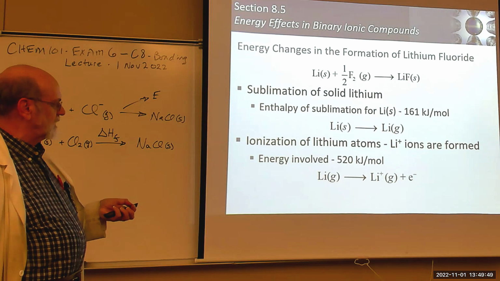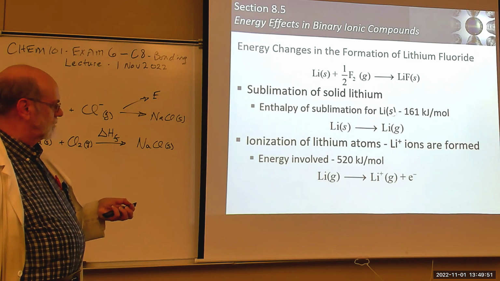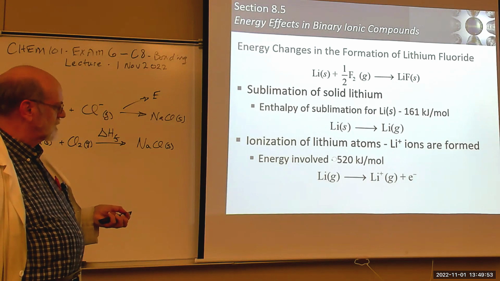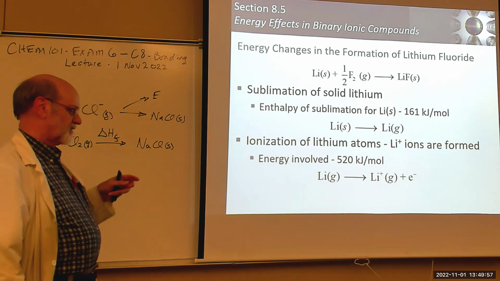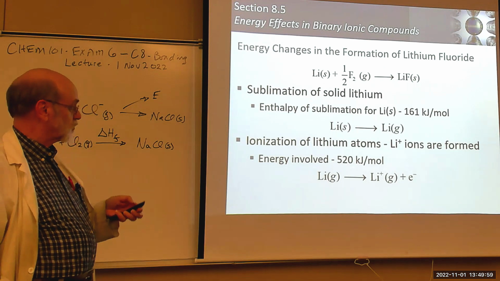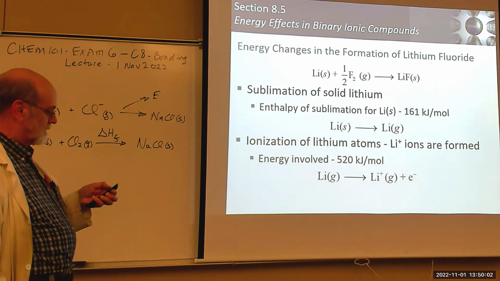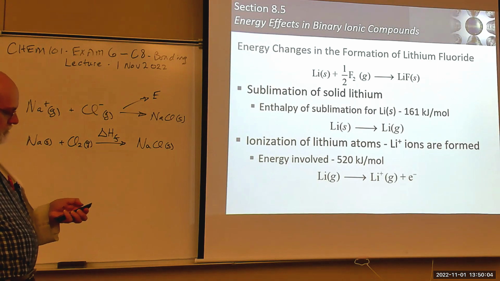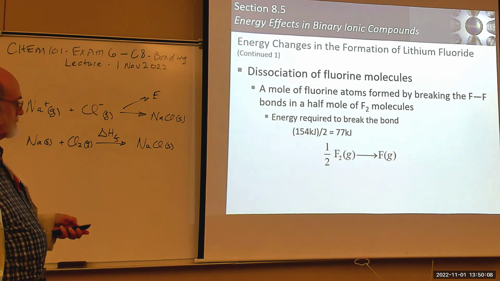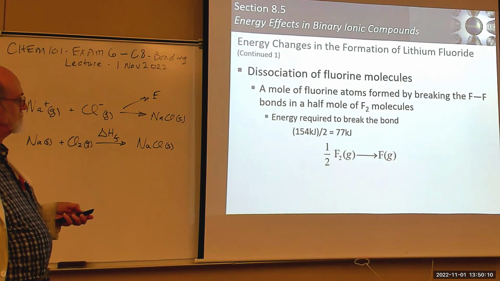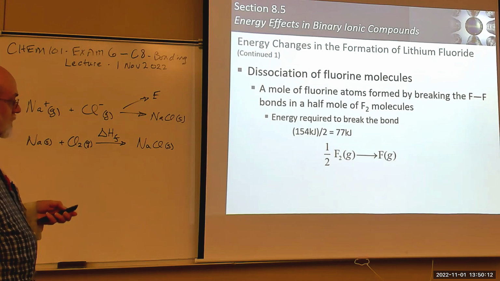That's not a sign there, because it needs to be positive. I think that's misleading, because we're adding energy to get there. So it should be a positive value for each of these steps until you get to the dissociation of the fluorine molecule.